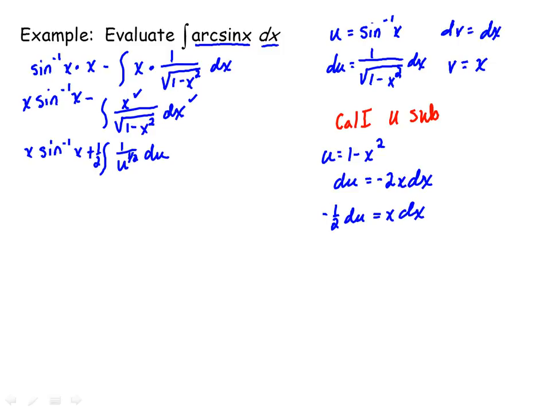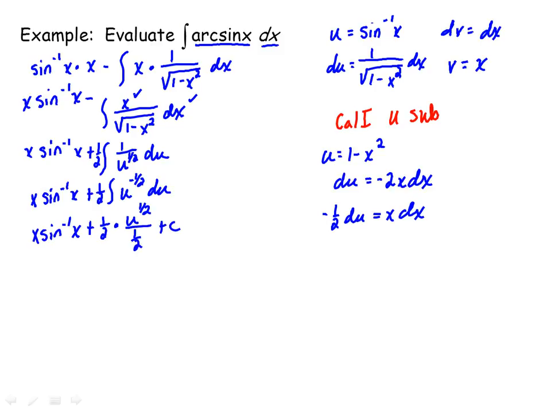Okay. Any other questions? All right, so we're going to have x sine inverse x. I'm done with that. You don't have to worry about that anymore. Just recopying it. 1/2 times, this is going to be u to the 1/2 over 1/2. Why did the integral symbol go away? That is the integration. That is the antiderivative.